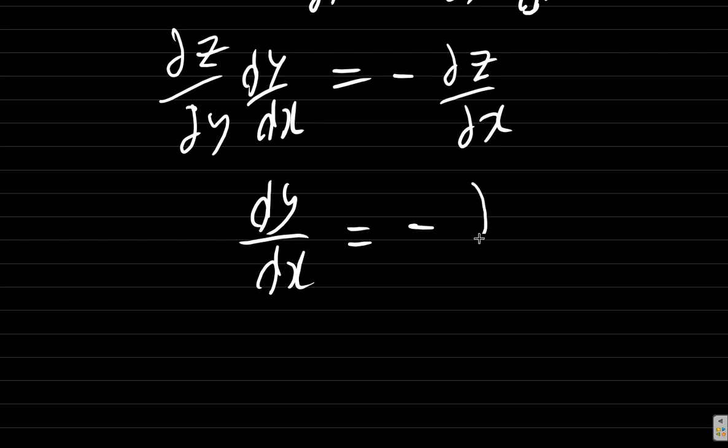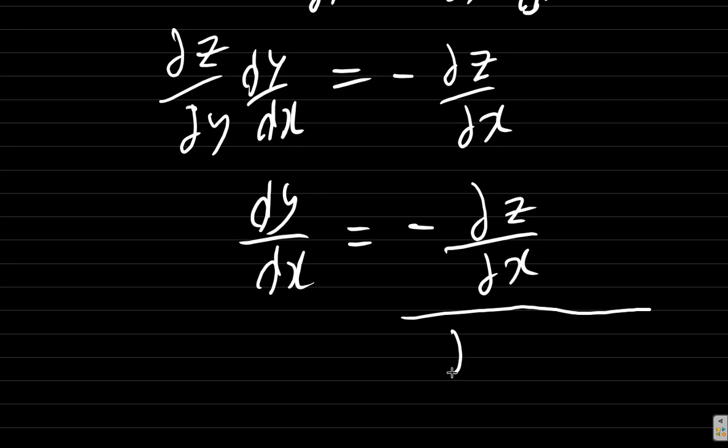So it's negative partial of z with respect to x divided by partial of z with respect to y. Alright? So that's what we have there. So that's a general technique that you're going to be using to differentiate implicit functions. We'll look at those in our next set of videos.